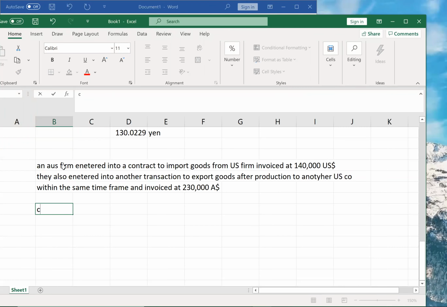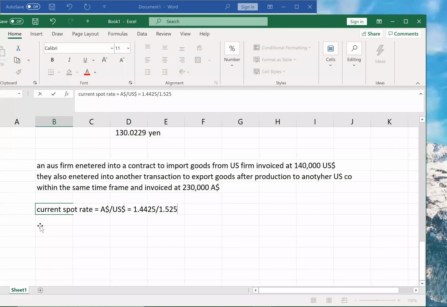The current spot rate is in Australian dollars per US dollar. Let me check the rate. 1 US dollar in Australian dollars is 1.4425 slash 1.5253.